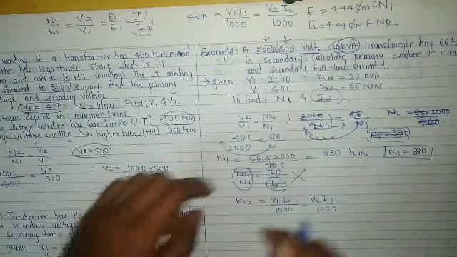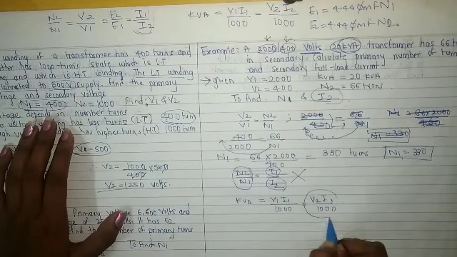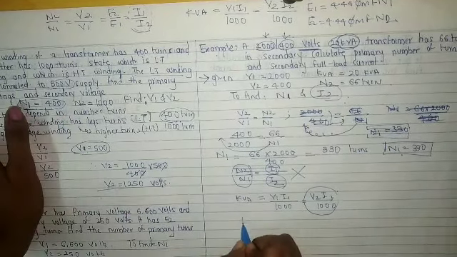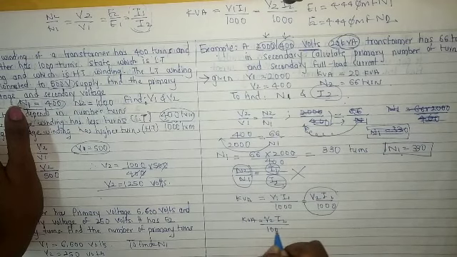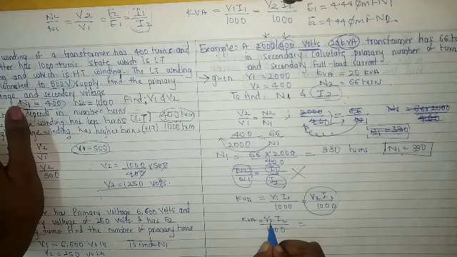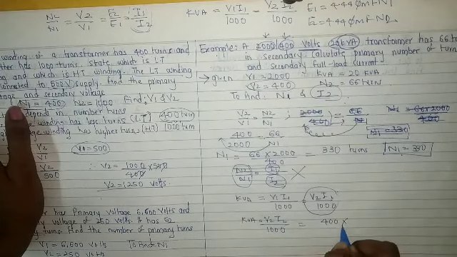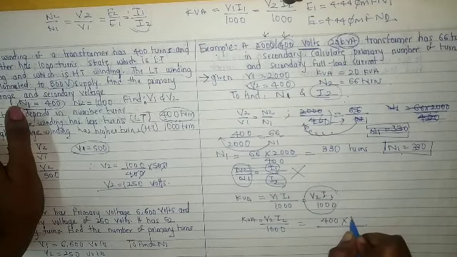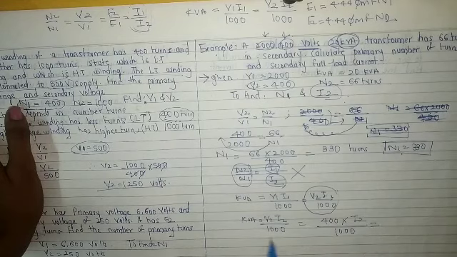What we have to find here? Secondary full load current. So we will just go for this secondary. So kVA is equal to V2 I2 divided by 1000. So what is V2? V2 is 400. What is I2? We have to calculate it, right? So 400 into I2 divided by 1000 is equal to kVA.